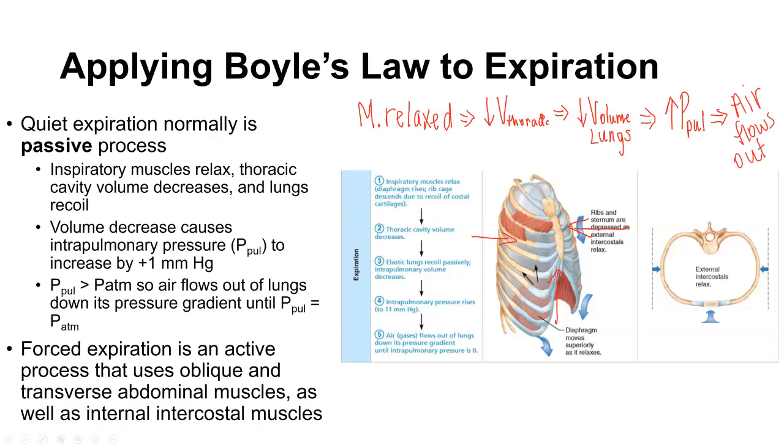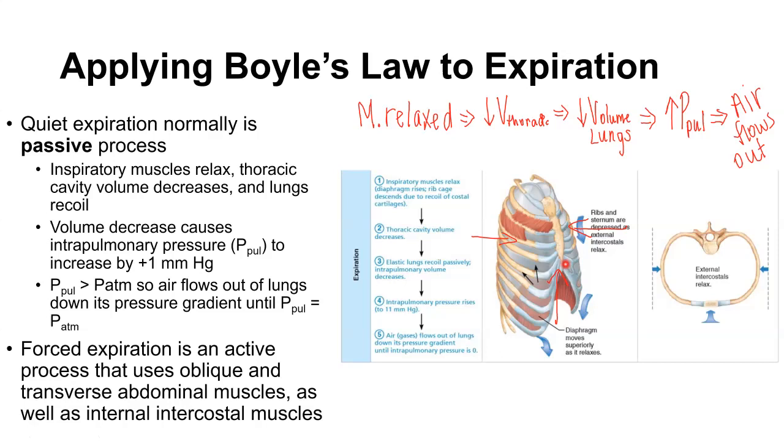Now, I mentioned that this is normally a passive process, but as we all know, we can forcibly breathe out more if we have to. If all of a sudden I said, breathe out all the extra air that you can, push all the extra air out of your lungs, that requires contraction of your oblique and transversus abdominis muscles, as well as your internal intercostal muscles.